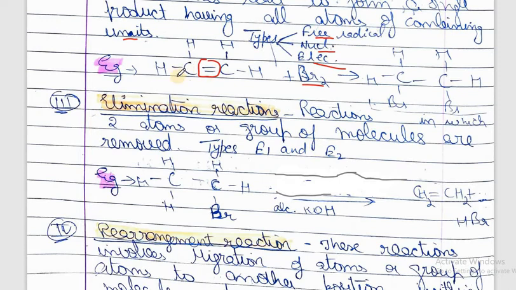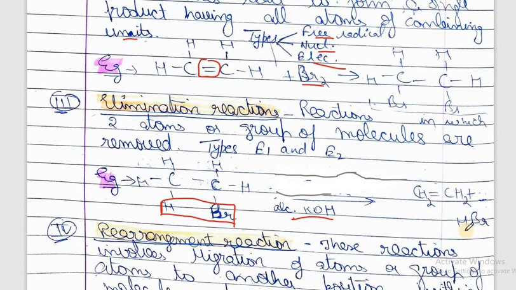Elimination reactions. As the name indicates, elimination means some group is eliminated. The reactions in which atoms or groups of molecules are removed are called elimination reactions. For example, 1-bromoethane, when treated with alcoholic KOH, loses H from one side and Br from the other side, and we get a double bond, that is CH2=CH2 plus HBr.